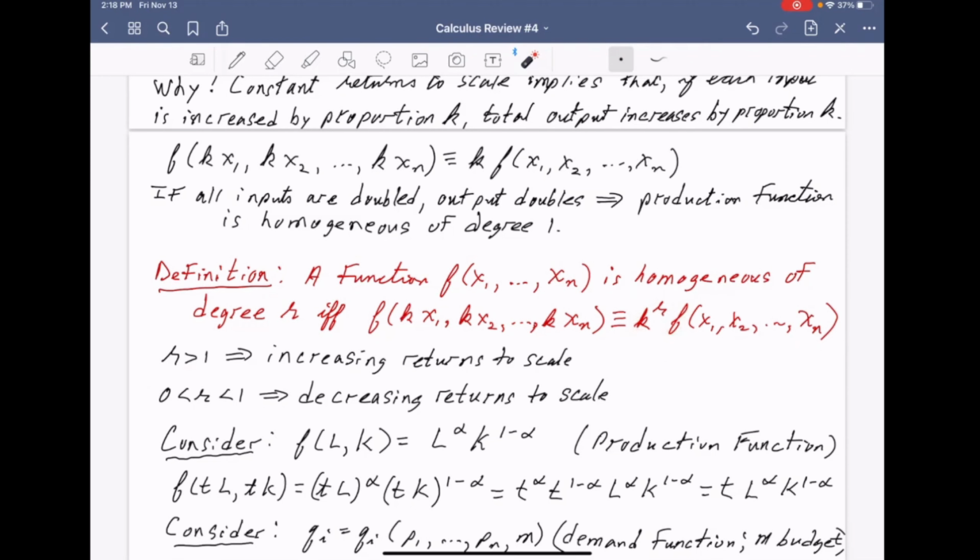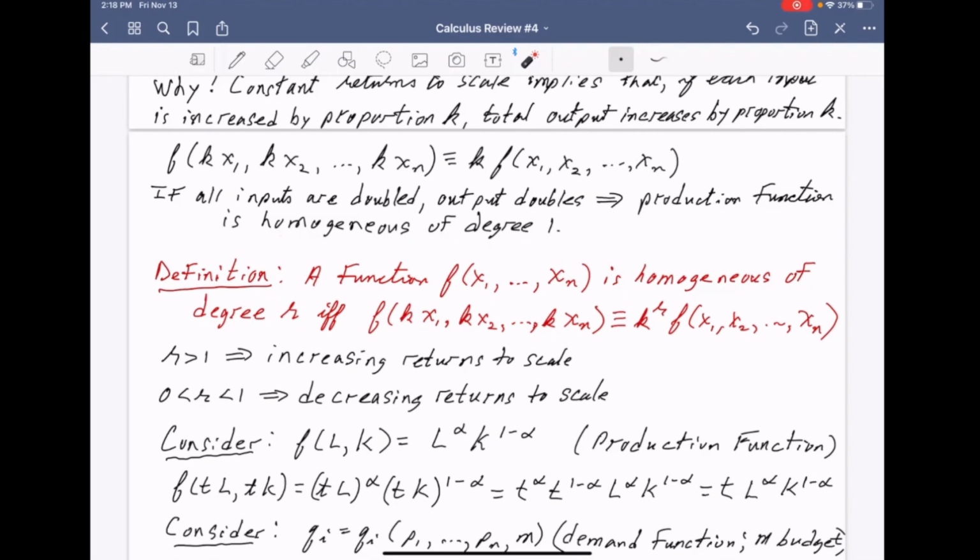If r is greater than 1, we get increasing returns to scale. If r is less than 1, but of course greater than 0, we get decreasing returns to scale. And if r is 1, then we're back up here with constant returns to scale, and it's homogeneous of degree 1.